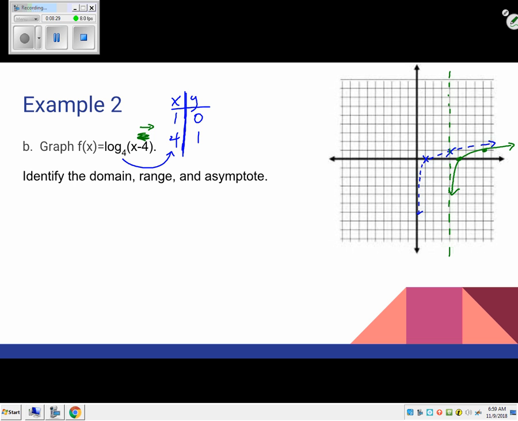Okay, my domain switched a little bit. As you can see, it's still not going to cross this vertical isotope. So it's going to get really close to 4, but not touch it. Okay. Range is same as always. And then your isotope, I moved it to the right 4. So instead of being at x equals 0, it is at x equals 4.